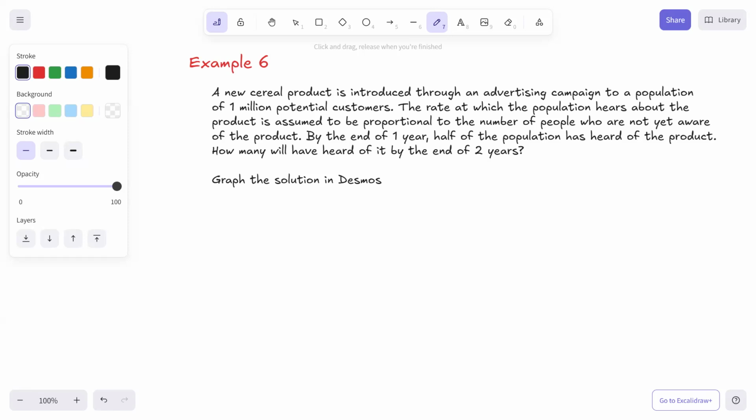So this problem says the rate of change, dy dt, is proportional to the difference between 1 and y. Because it's proportional to the number of people who are not yet aware of the product.